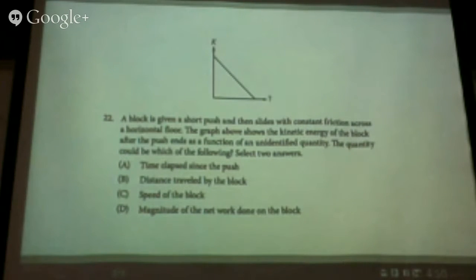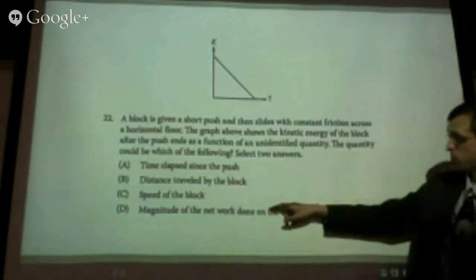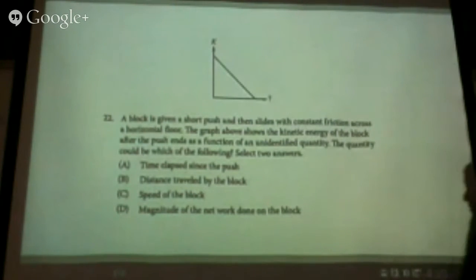So as we do more and more work, our kinetic energy is going to go down the same amount. If I do 50 joules of work, my kinetic energy decreases by 50 joules. That's a linear relationship. In fact, it's a 1-to-1 ratio here. So D actually does fit. We could have the magnitude of the work for our x-axis. So that's one of our correct answers.